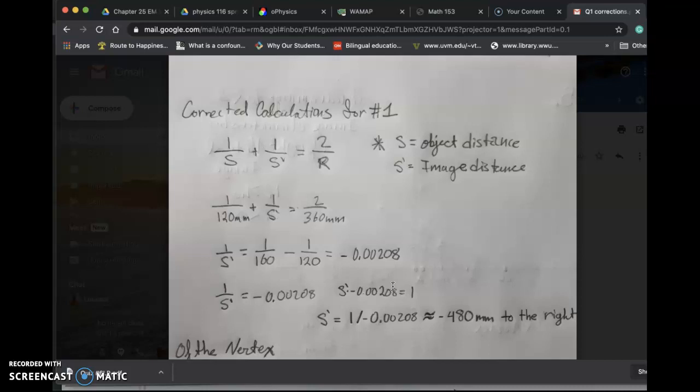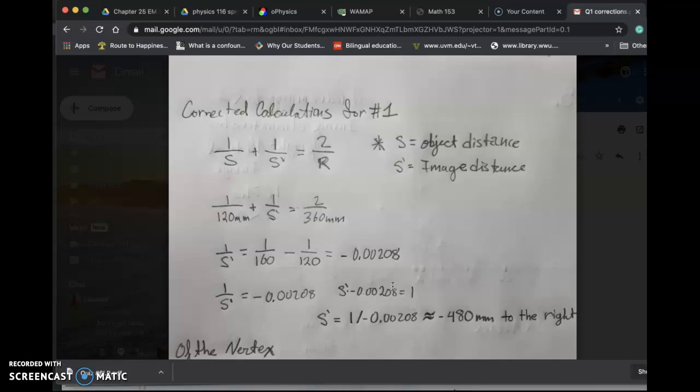Anyway, the main takeaway is that when you have a concave mirror and an image a set distance away from the vertex, the image distance has a magnitude that is 4 times that of the object distance, relatively speaking.